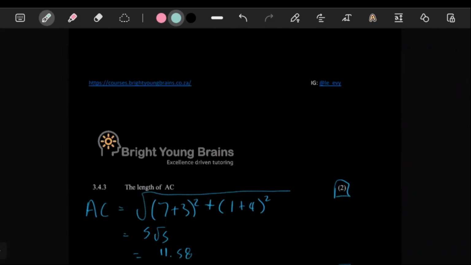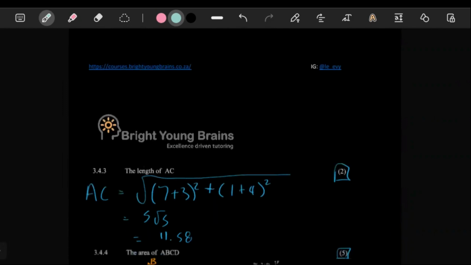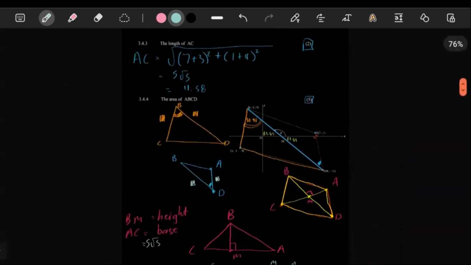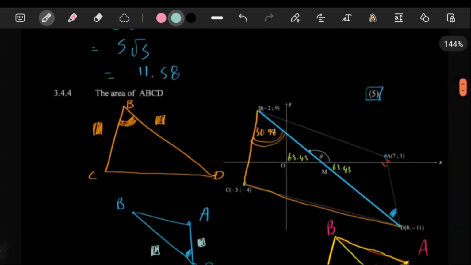We can work out MB using the distance formula. M to B is just going to be the distance formula. And then M to D is going to be the same thing, because M is the midpoint of BD. So if you get BM, you get both of them automatically.